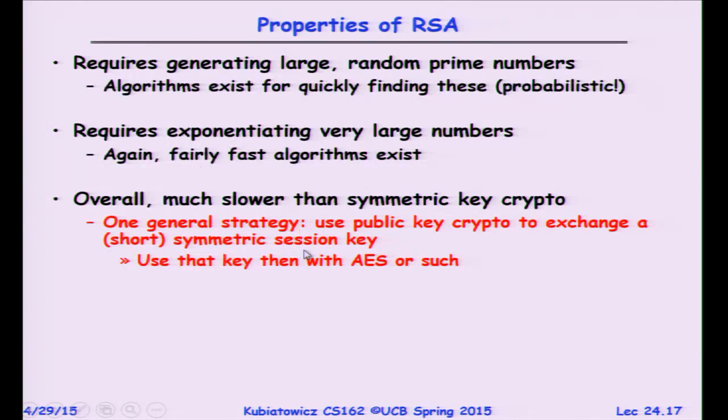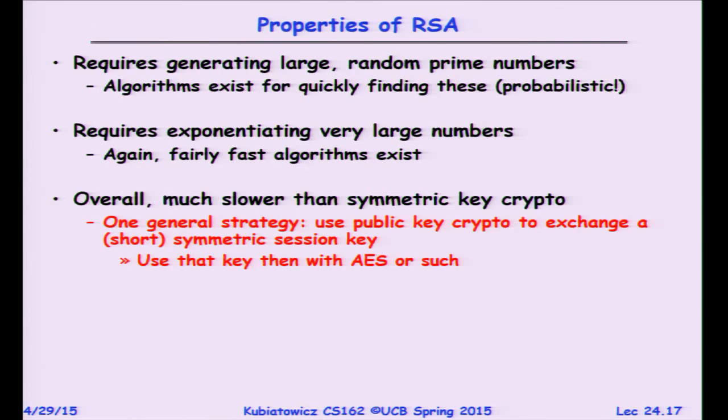But overall, the key thing about public key crypto systems is they are a lot slower than symmetric key crypto. And so what typically happens is you use public key cryptography to distribute keys, and then you use symmetric key cryptography to encrypt things. And I'm actually going to show you how the SSL protocol does that. Okay, that's exactly the way this works.